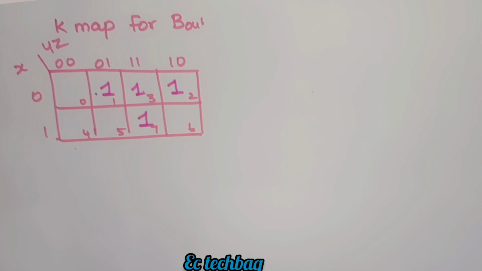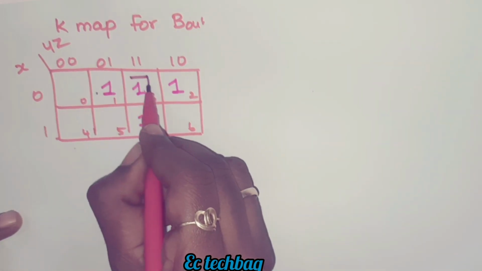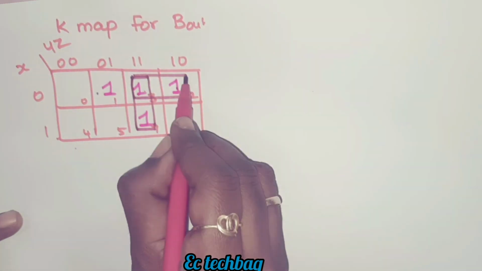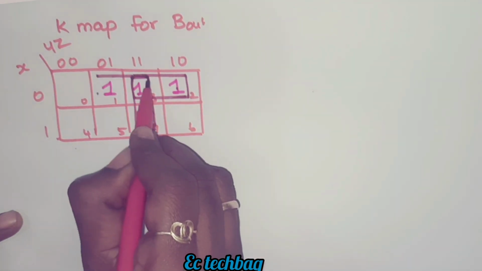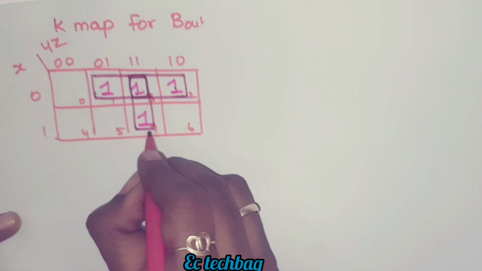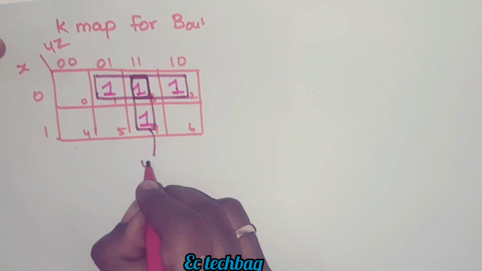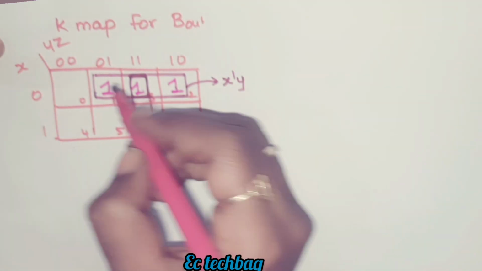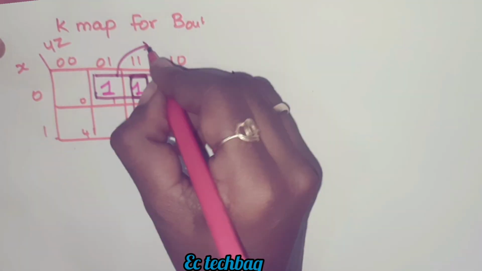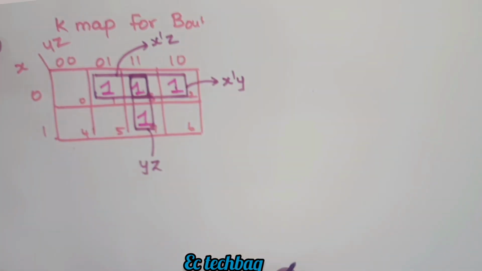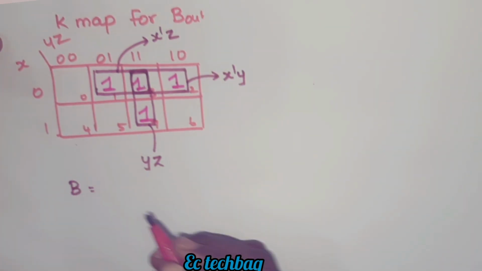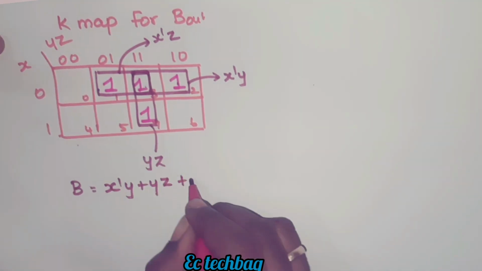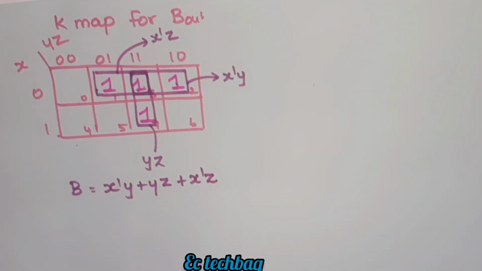Next, grouping. We can group these two cells. This one can be combined with this one. This one can be paired with this one. So for first group, the value is y z. For this group, x dash y, and for this group x dash z. So the borrow output is equal to x dash y plus y z plus x dash z.